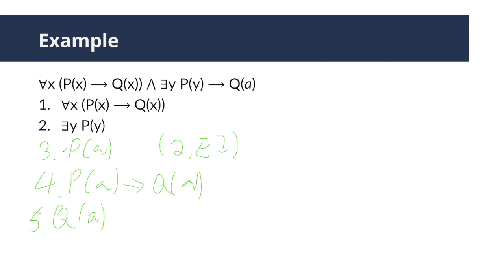Because for that rule, the only constraint is the introduced notation should not have been used in the predicate representation. And finally, now you can combine 3 and 4 and the first inference rule from propositional logic to imply QA is true. This is the correct proof sequence for this example.